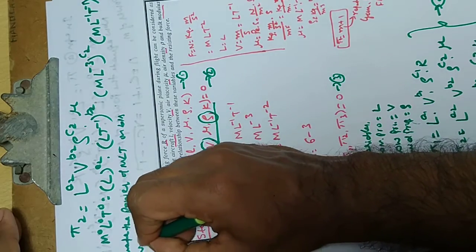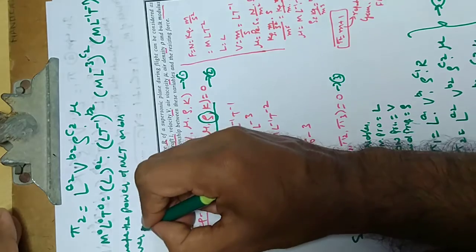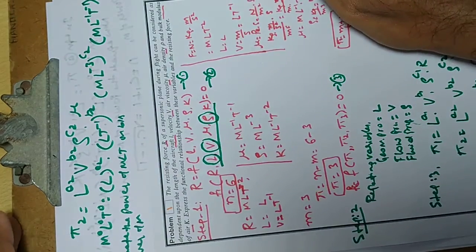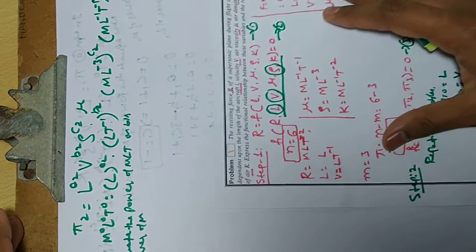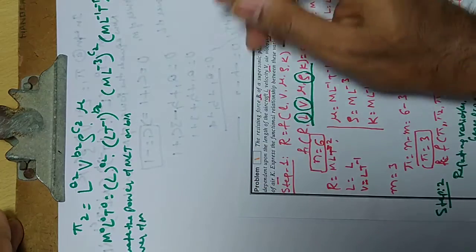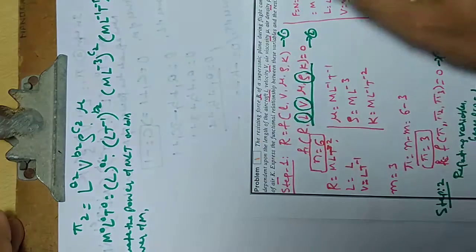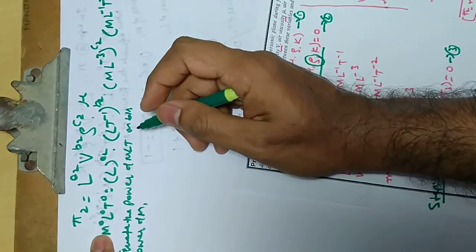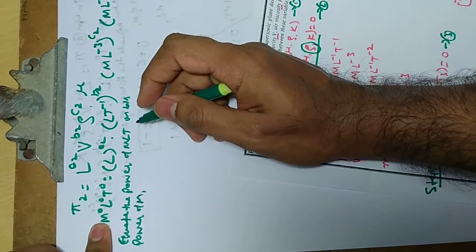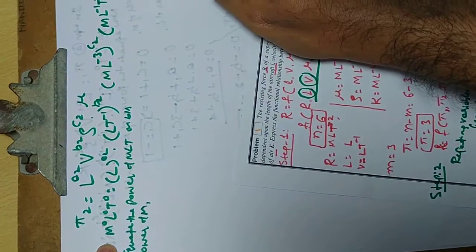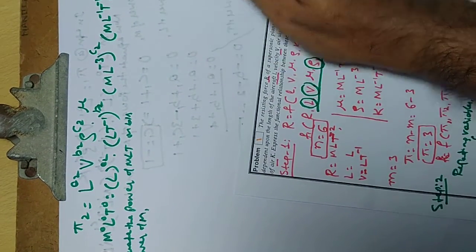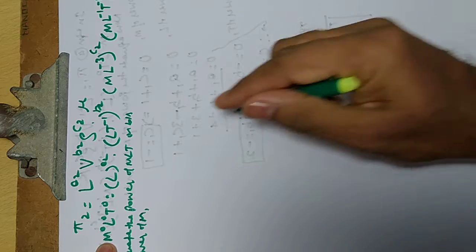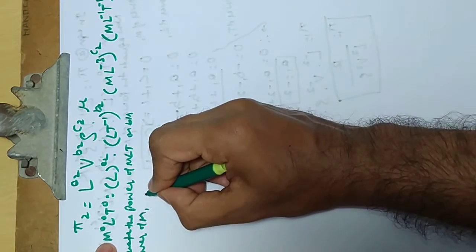First, the power of m. On the left hand side, m is 0.